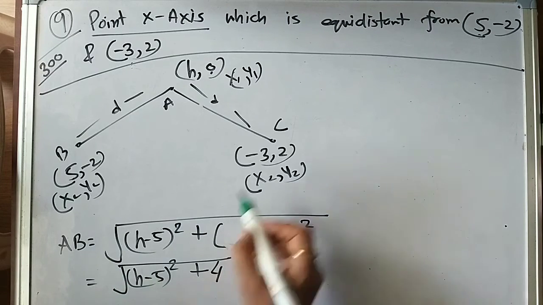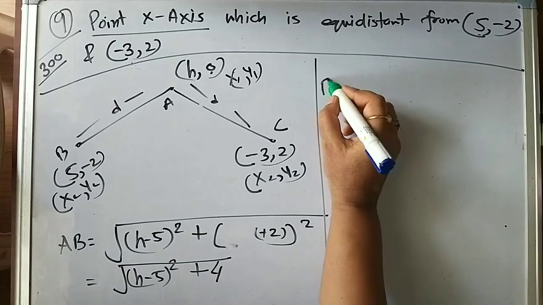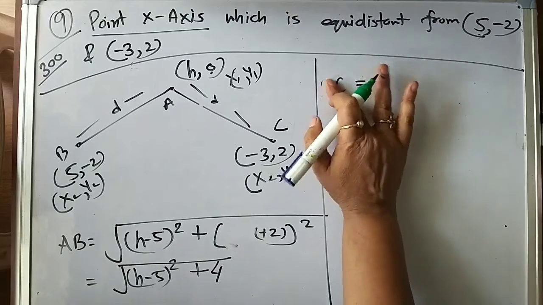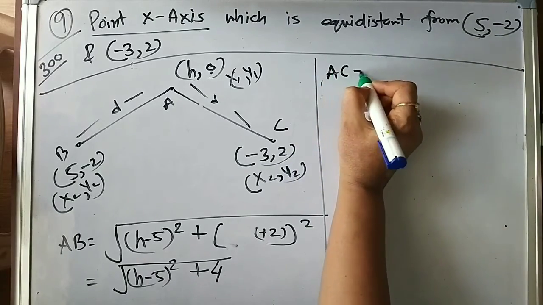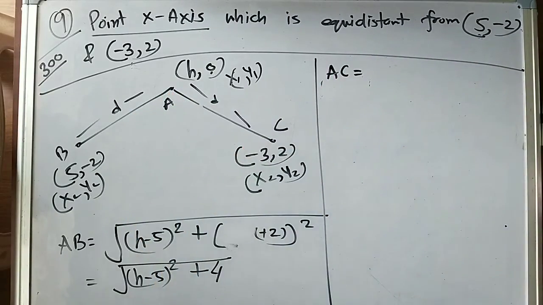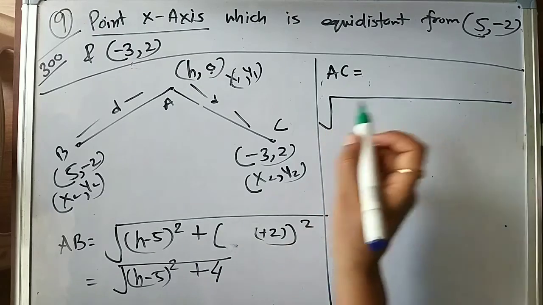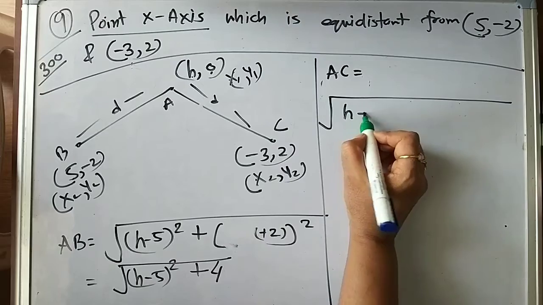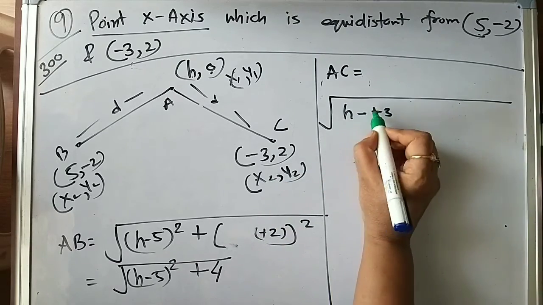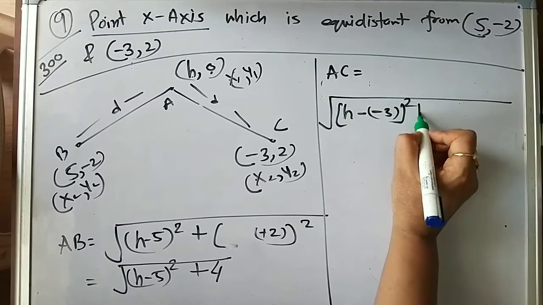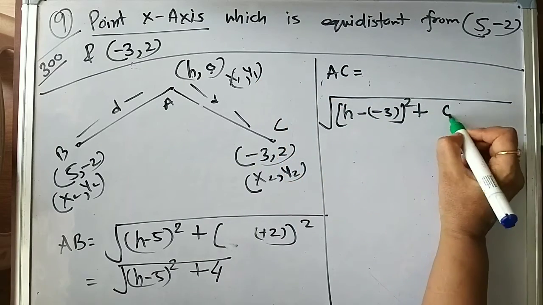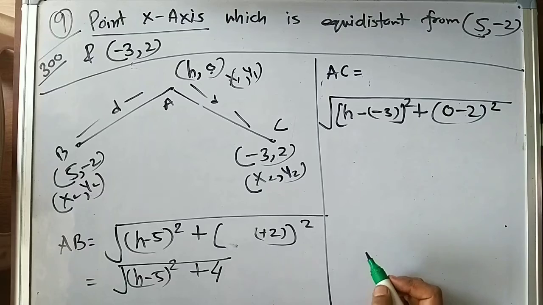This is my AB. Now let me write down AC. What is the formula? (x1 minus x2) square, so x1 is h minus of minus 3 square plus (y1 minus y2), which is (0 minus 2) square.